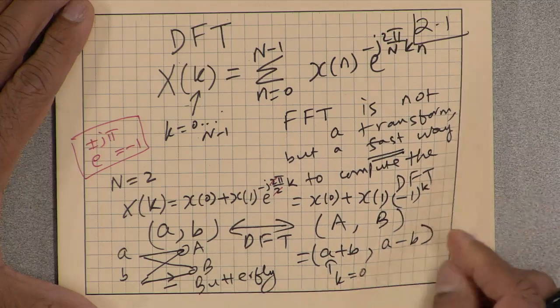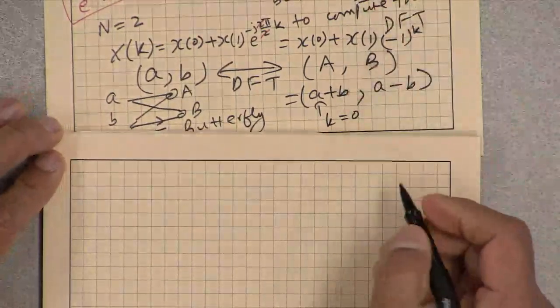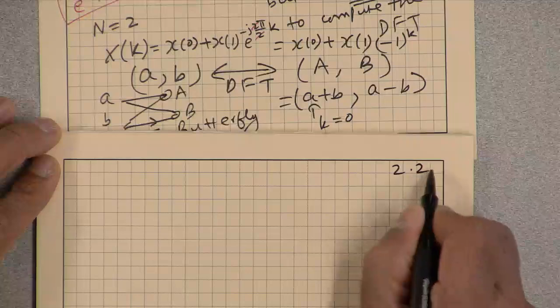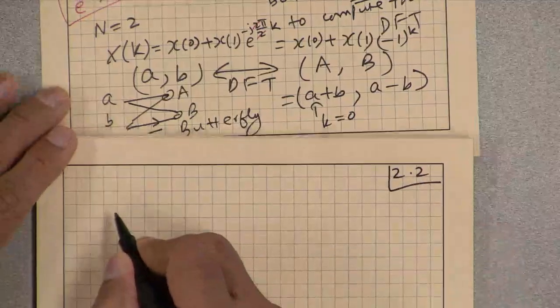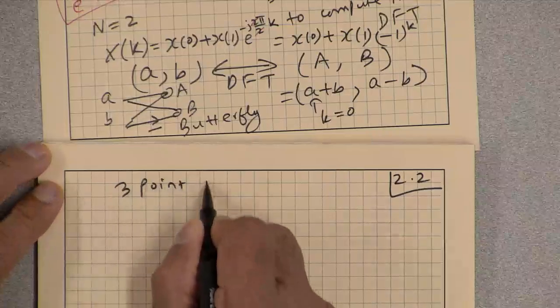So we could continue with these kinds of examples, and let's say that I take a 3-point DFT. What will a 3-point DFT be?